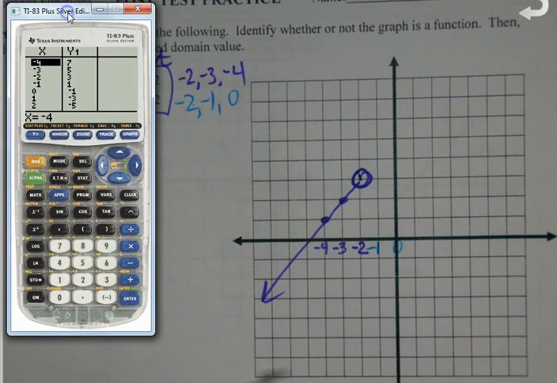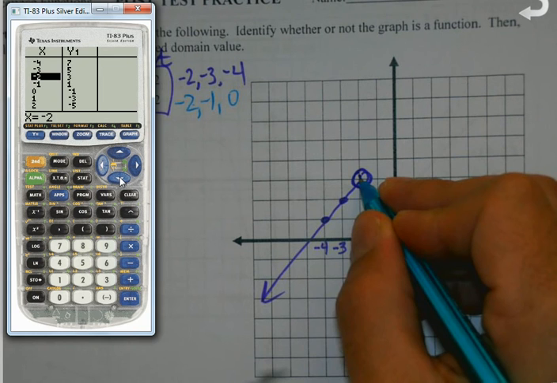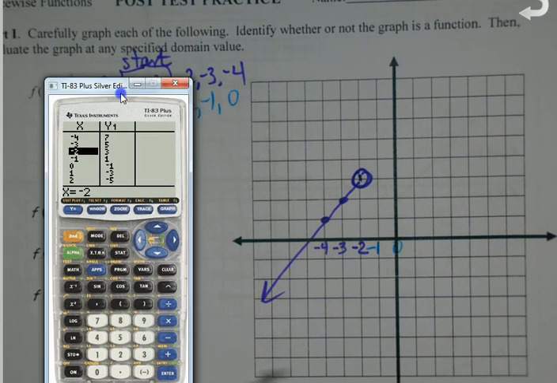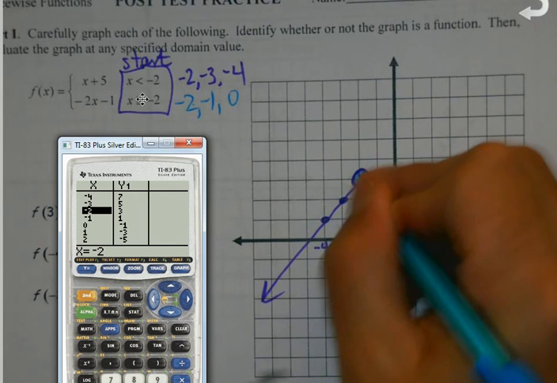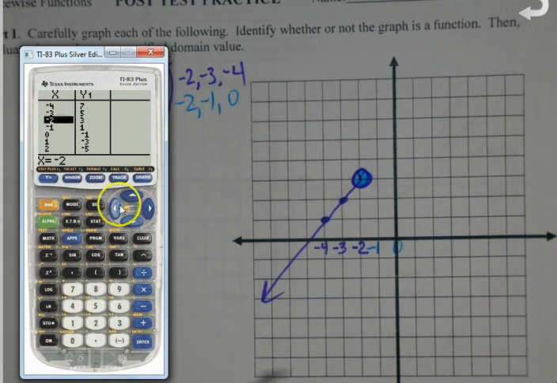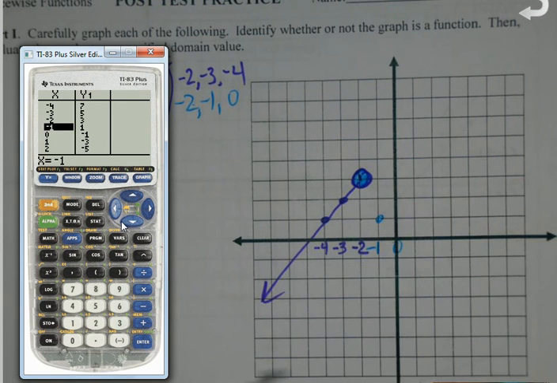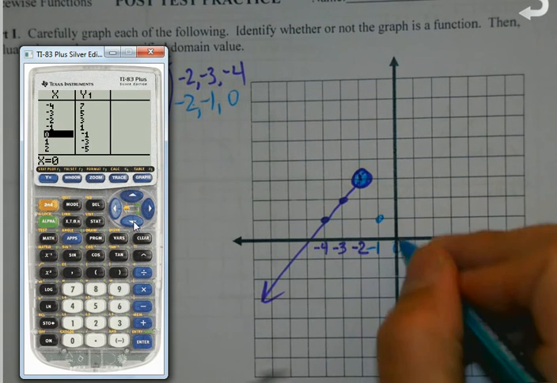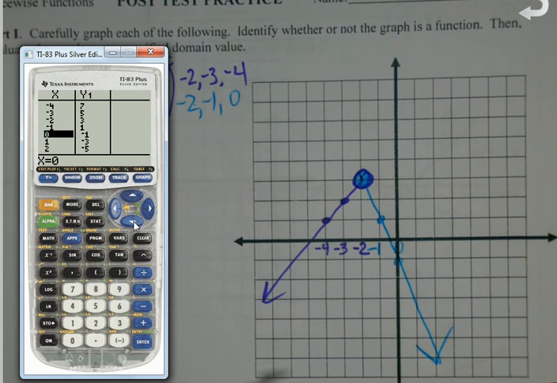All I care about are these 3 values. -2, 3. Hey, it's the same point. Except this time, closed because of the... So you're like, I'm going to close the dot that I had open? Yes. -1, 1. 0, -1. Connect the dots.